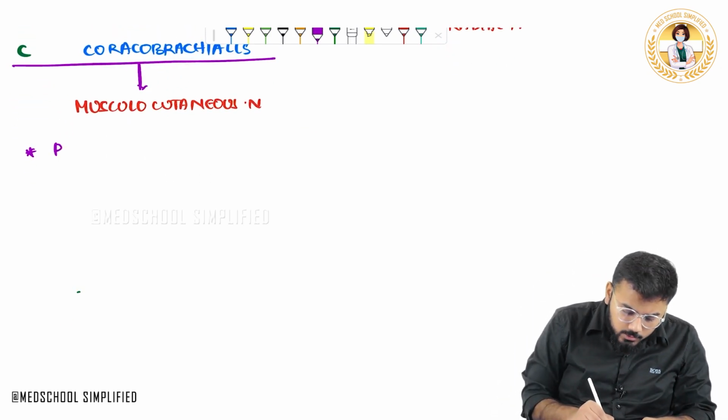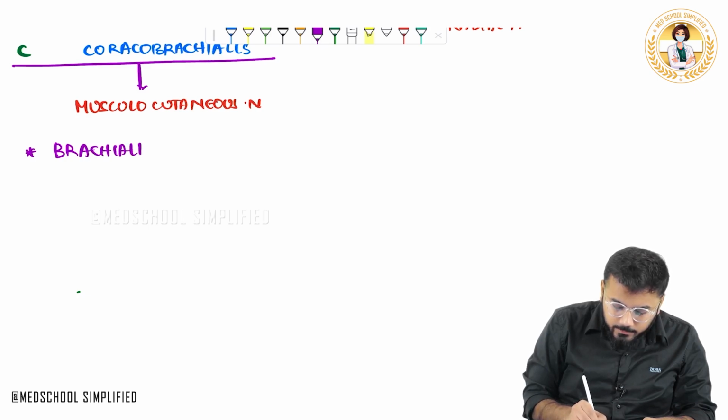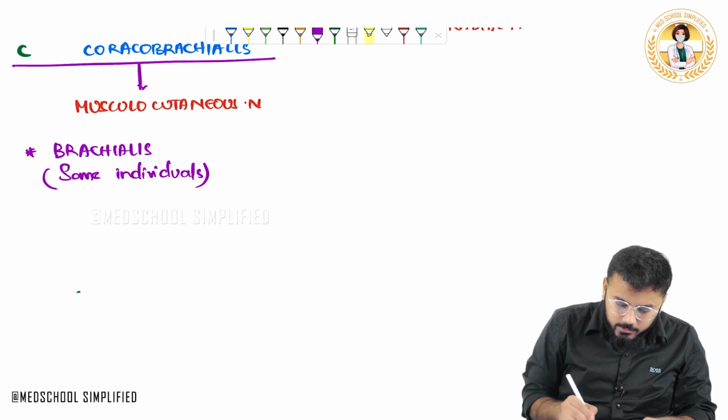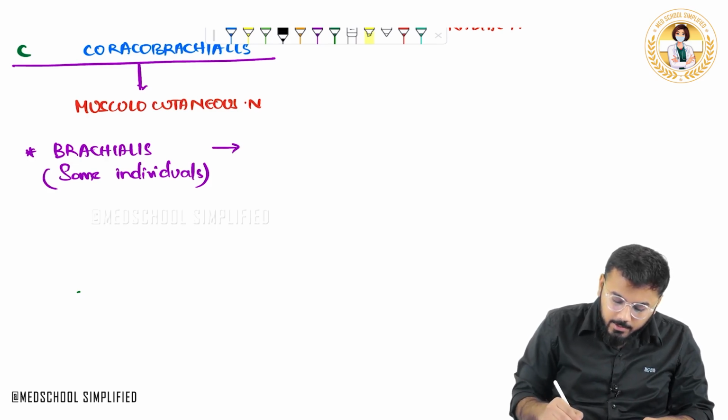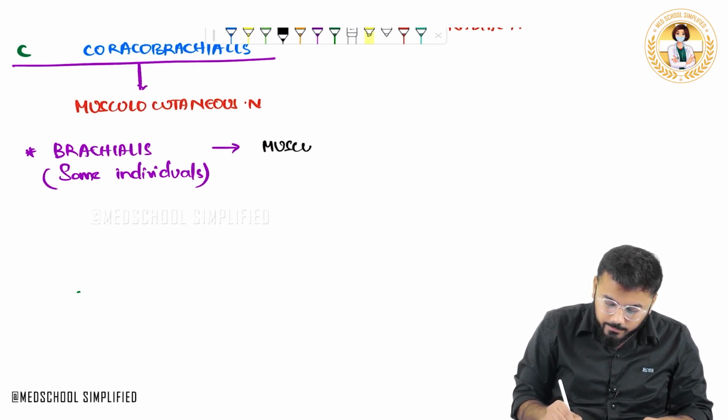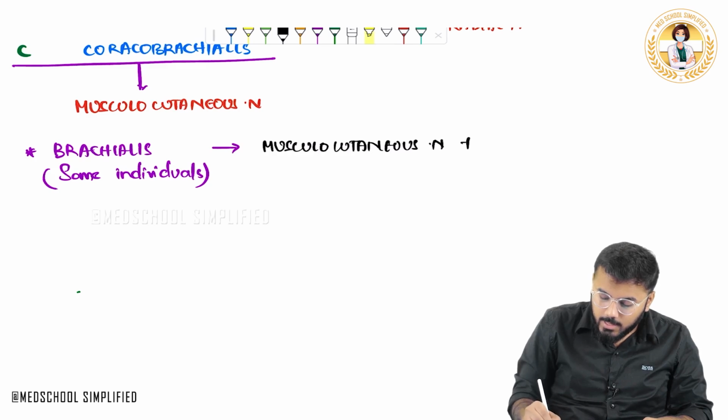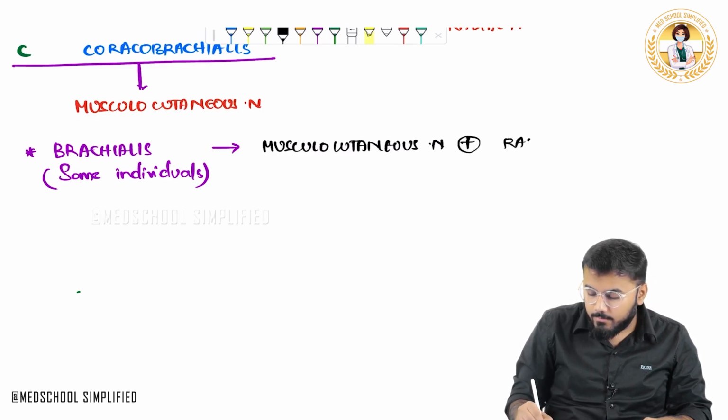So what I was telling you is that in some individuals only, brachialis is supplied by both the musculocutaneous nerve and the radial nerve.